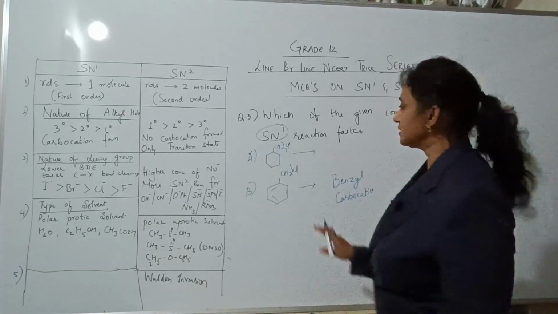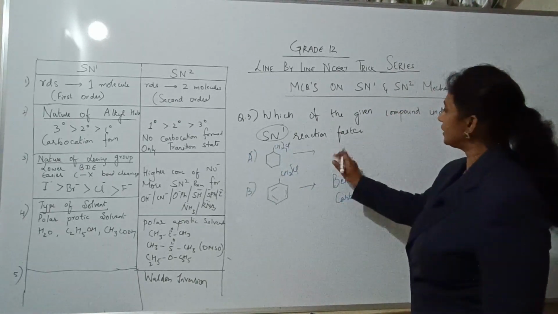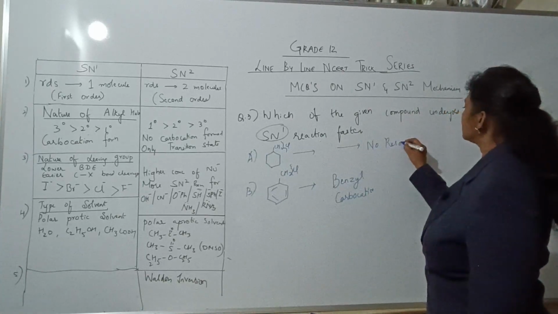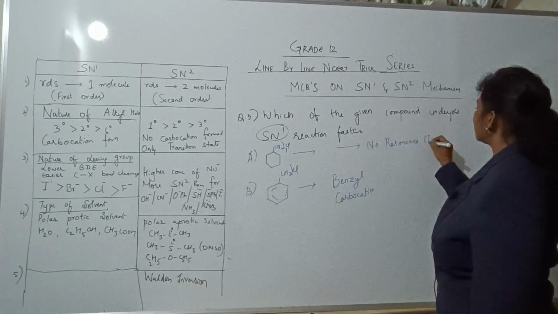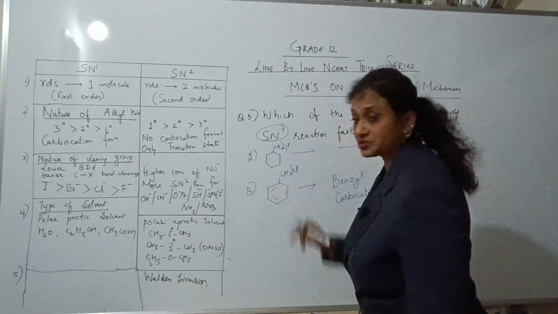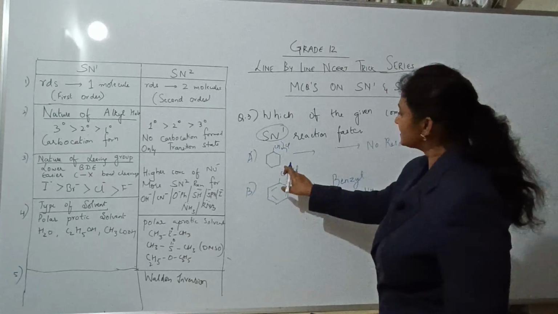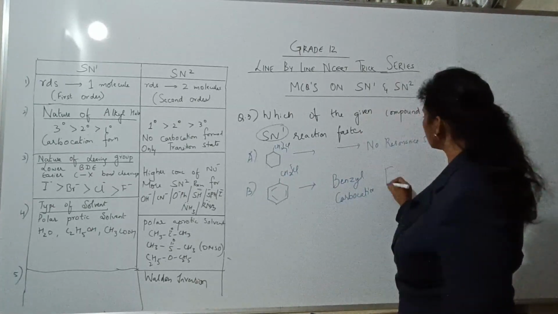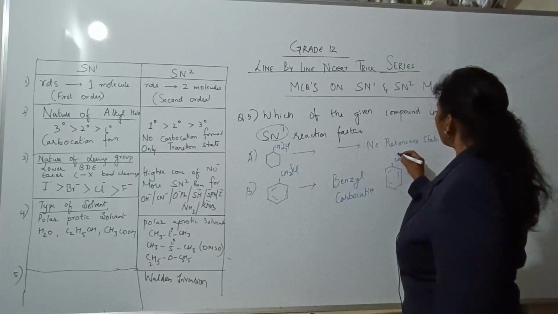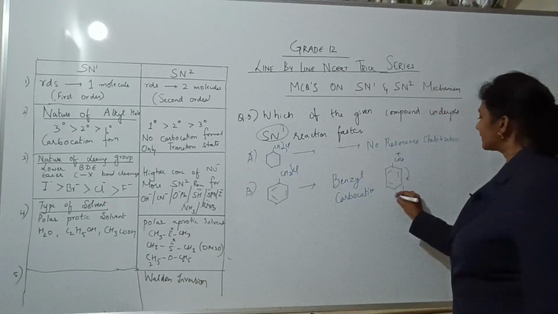But problem here is, in this carbocation, whatever is formed, further there is no resonance stabilization. Correct? There is no resonance stabilization because there is no resonance concept only here. There are no pi bonds. But in this case, whatever benzyl carbocation forms here, that benzyl carbocation undergoes resonance.